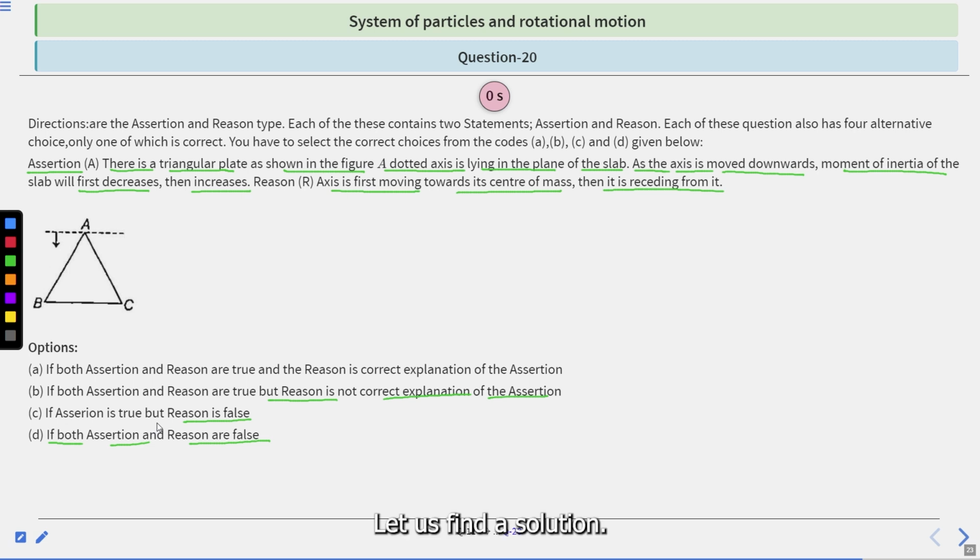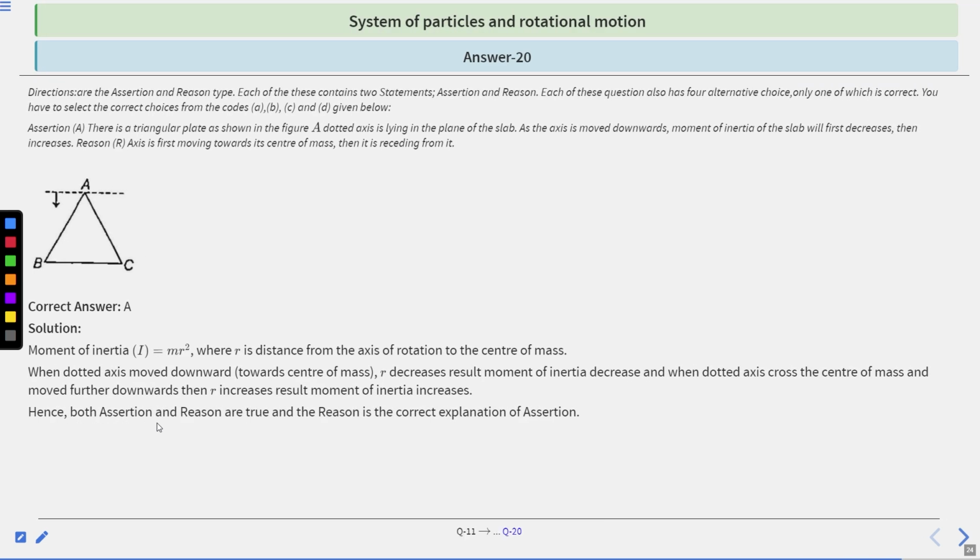Let's find a solution. The moment of inertia I is equal to mr square, where r is the distance from the axis of rotation to the center of mass. When the dotted axis moves downward toward the center of mass, r decreases, so the moment of inertia decreases.